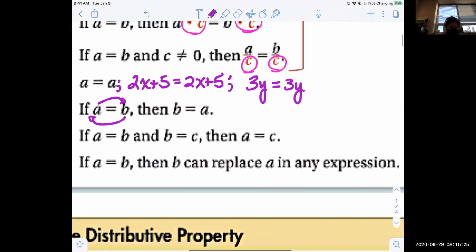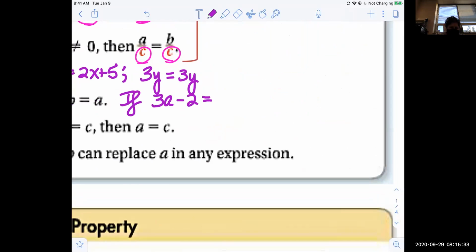Or they could be expressions, like 3a minus 2 equals 4c. Then 4c equals 3a minus 2.